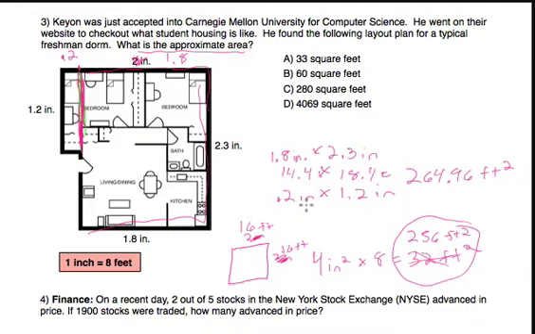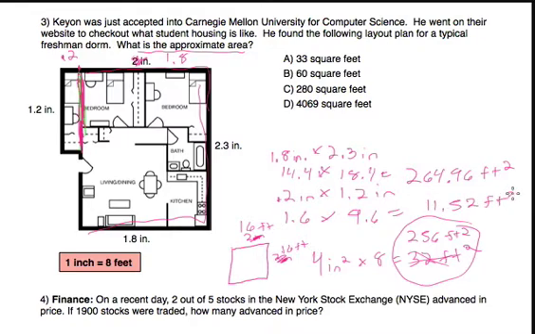Now over here, let's convert this. 8 times 0.2, that's going to be 1.6 feet. 1.6 feet times, and then 1.2 inches in real life is going to be 9.6 feet. And that gives us 9.6 times 1.2 is 11.52 square feet.